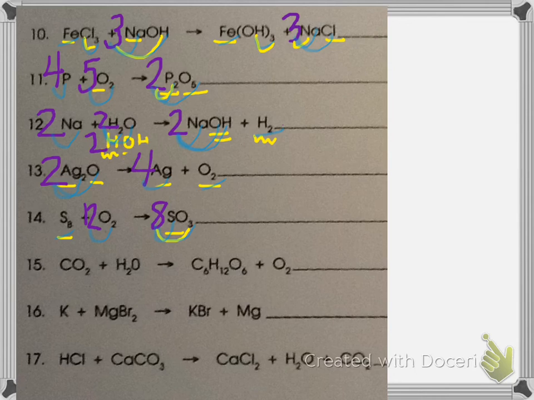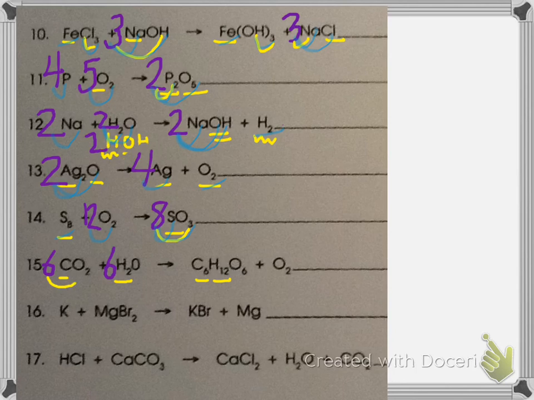Number 15, I have 1 carbon here, I have 6 carbons here. So I need a coefficient of 6 in front of CO2. Again, I'm going to go to hydrogen next because I think it might be a little bit easier to deal with. So I have 2 hydrogens here and I have 12. So I need a coefficient of 6. So that brings me to my oxygens.